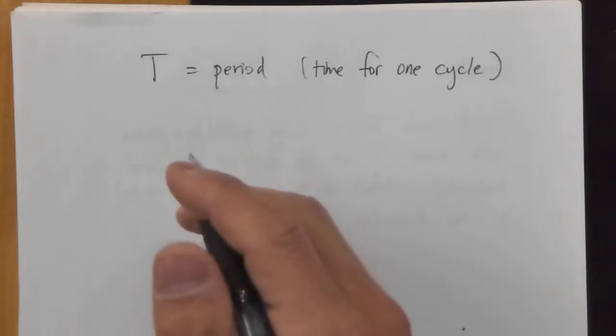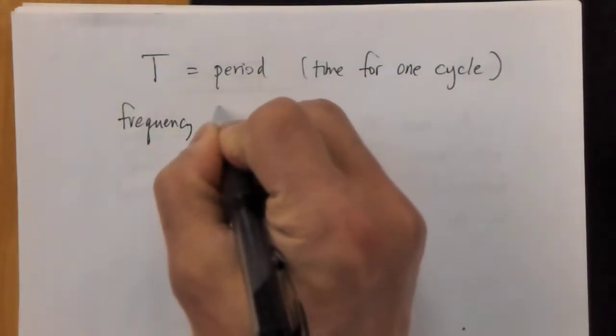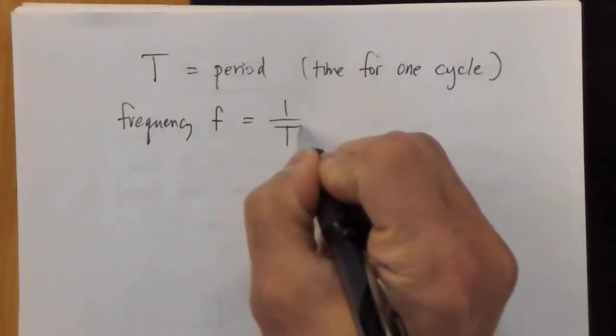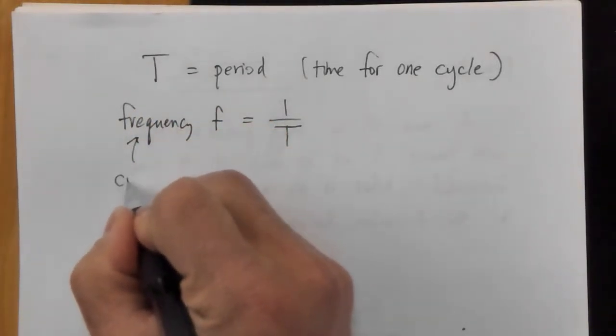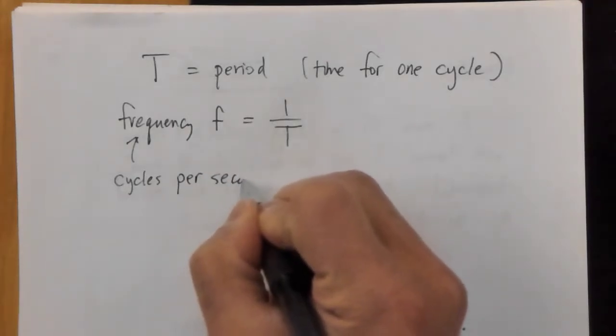Now, we also talked about frequency. Frequency, small f, that's going to be 1 over the period. So remember, frequency is the number of cycles per unit time, or per second.